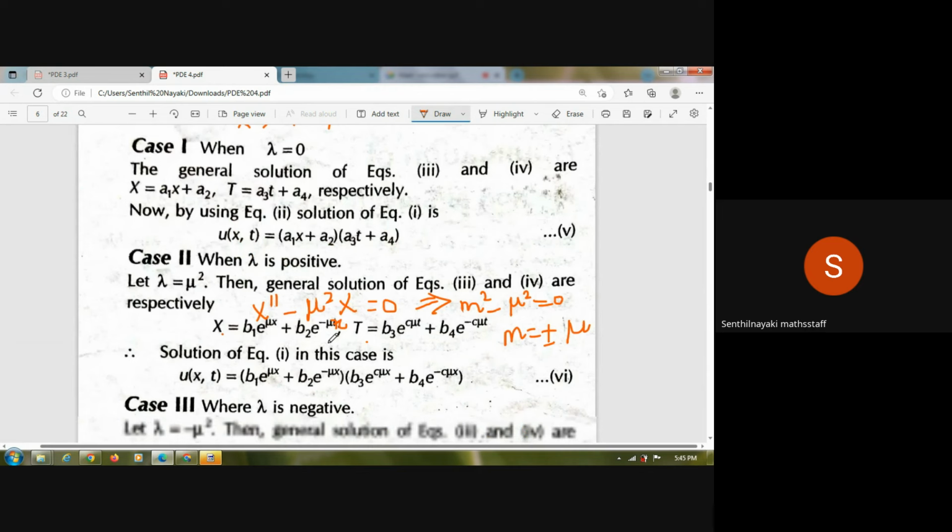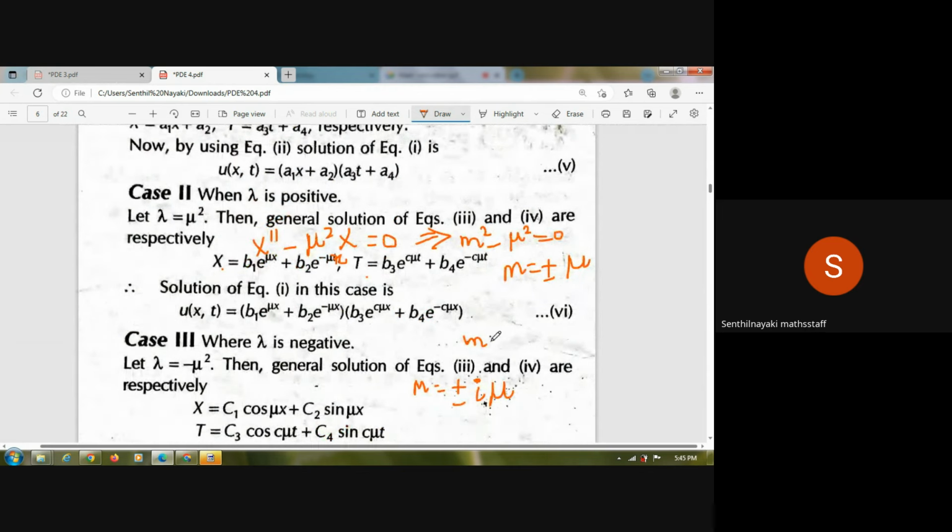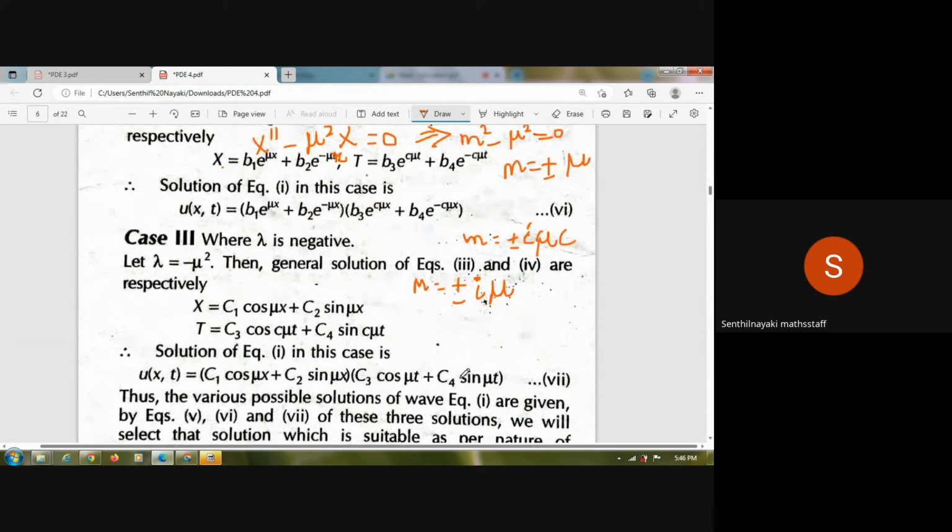Then we get two roots, m equal to plus or minus i mu c. So after substituting we get c3 cos c mu t plus c4 sin c mu t.